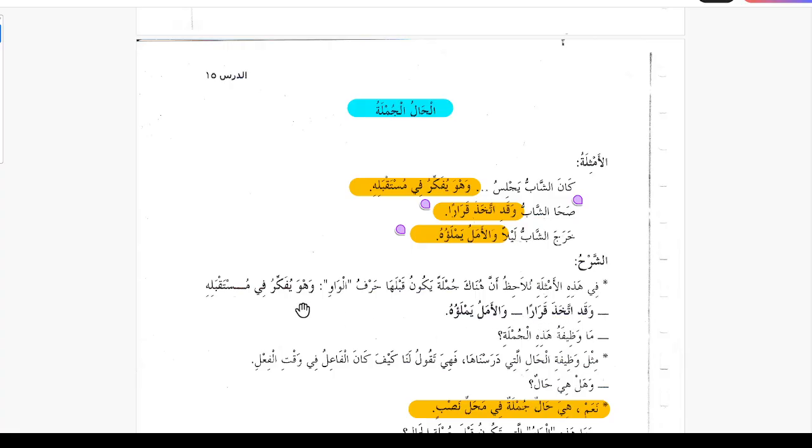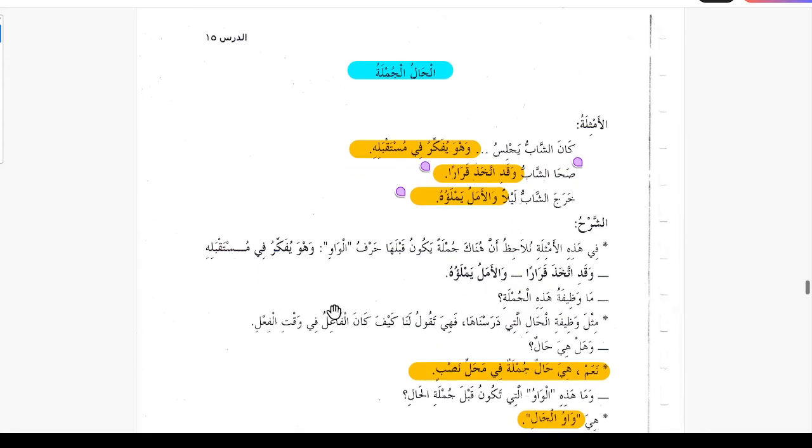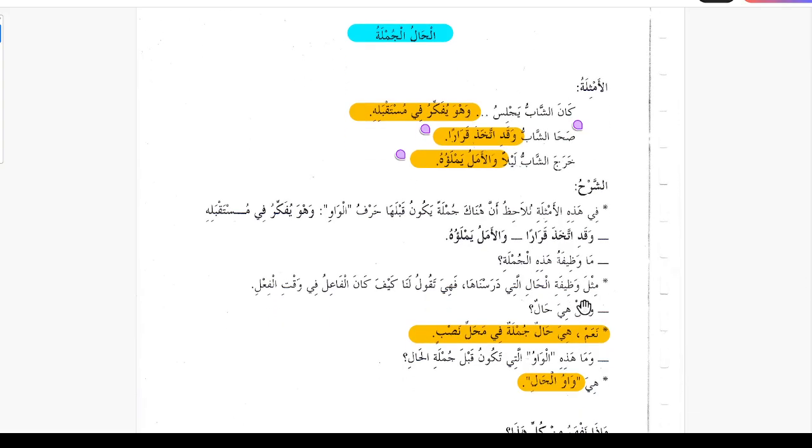In all these sentences there is the harful waw at the start. ما وظيفة هذه الجملة, what is the function of these sentences? مثل وظيفة الحال التي درسناها, so this tells you the same state that we have studied above. فهي تقول لنا كيف كان الفاعل, it tells us the state of the fa'il في وقت الفعل, at the time of the action.